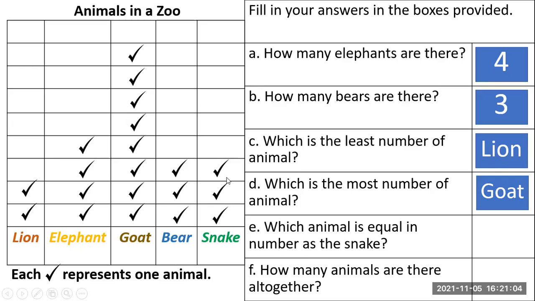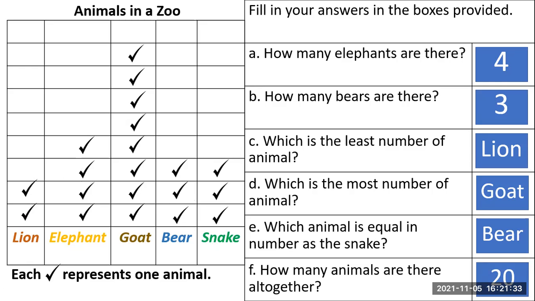Snake, there are 3, and it's a bear because snake has 3, bears there are also 3. Now, how many animals are there altogether? We will just add the number of lions, elephants, goats, bears, and snakes, and then we will write it here. So there are 20 animals altogether, right?